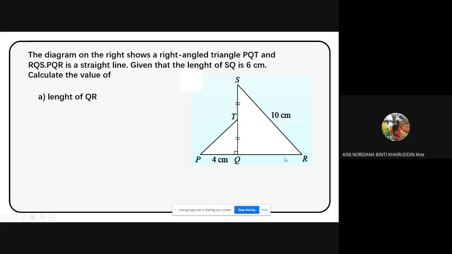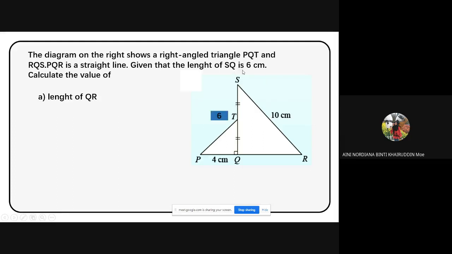So same as just now, you have to use Pythagoras theorem. Since this is 90 degrees, here also 90 degrees, because this is a straight line. So this is your hypotenuse. Given the hypotenuse and the other side, if you want to calculate this side, you just take the hypotenuse minus the other side.